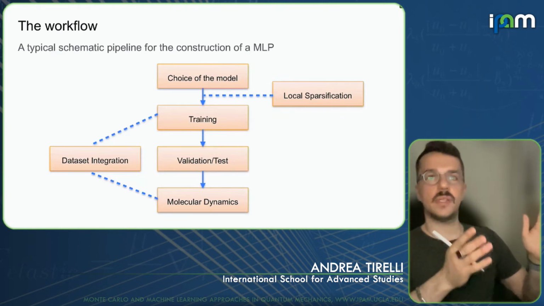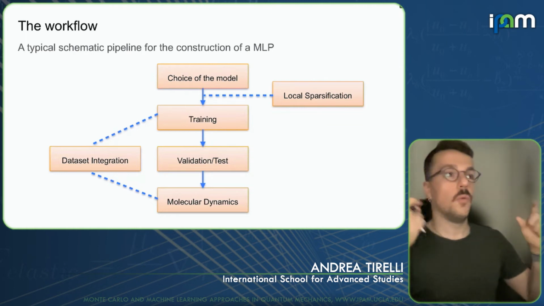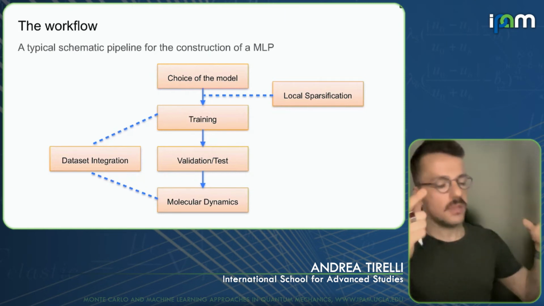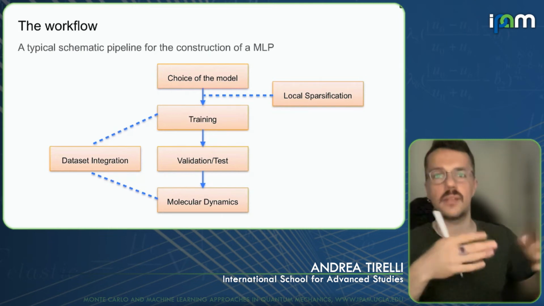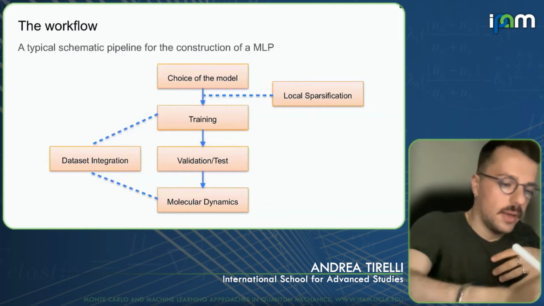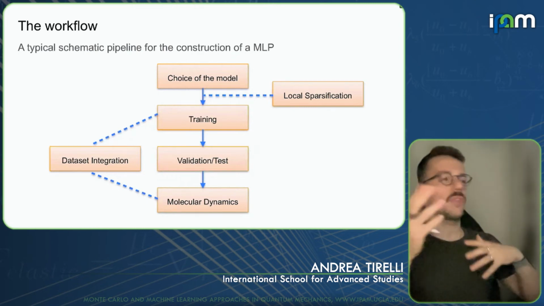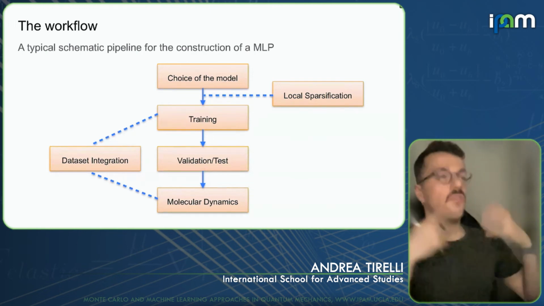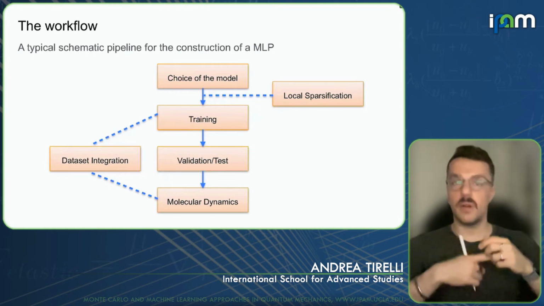On the configurations that we save, and bear in mind that not all of the local environments in this configuration will correspond to variational parameters, we can perform quantum Monte Carlo simulation to have an actual training set to work on. Then we are in the phase where we just employ the standard machine learning procedure of test and validation, cross-validation to tune the hyperparameters. If we believe that we have reached a good enough machine learning model, then we can start molecular dynamics.